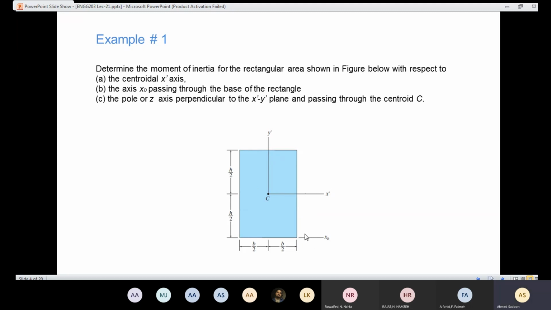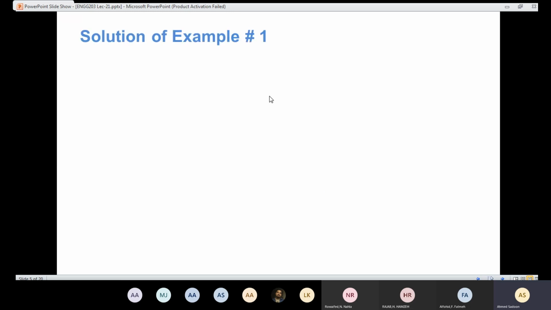Since we already determined in part A the moment of inertia about x hat, we are going to use the parallel axis theorem in order to determine the moment of inertia about this new axis. Also, we need to determine the polar moment of inertia for the centroid. In order to do that, I need to know the moment of inertia about x hat and y hat.